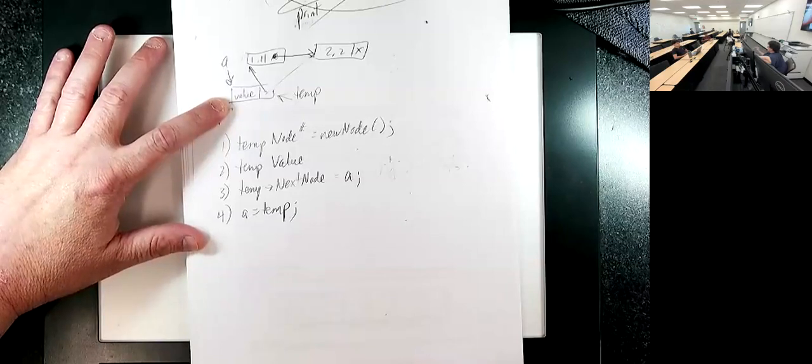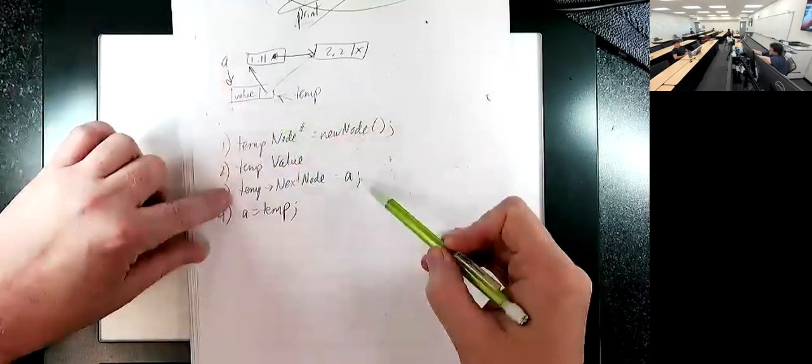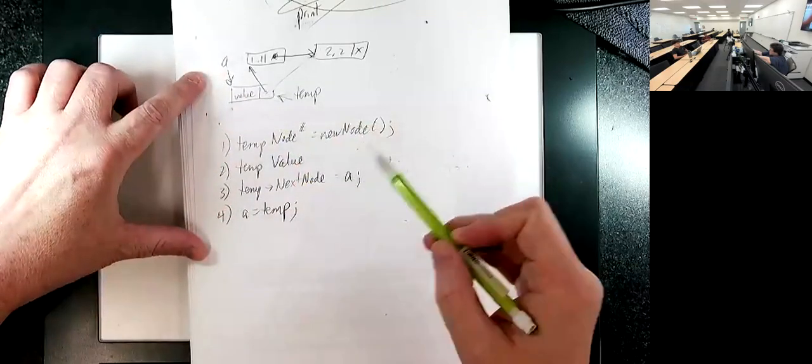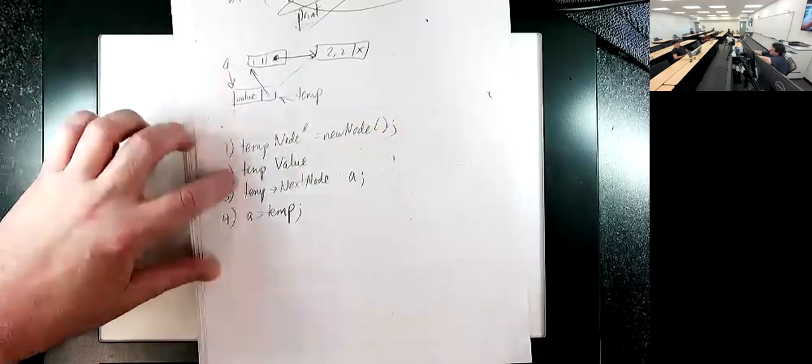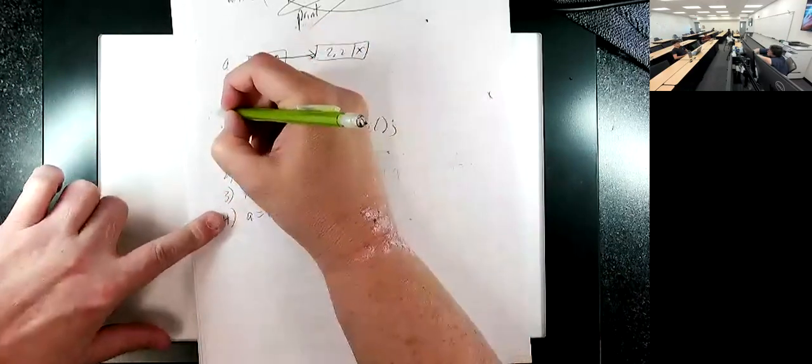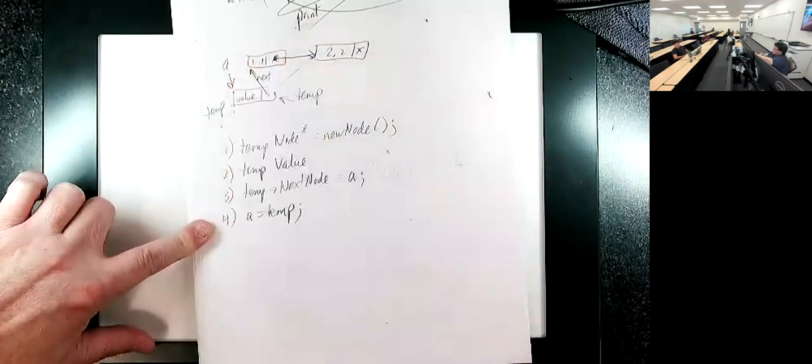But in computer science, since we're doing assignment, once the assignment from temp next node equals A, that's all that matters. Now pointing A to temp, oh wait, yeah, next node. That's the next node pointer, but temp is still here. So A is still pointing to temp. I think that's gonna work.